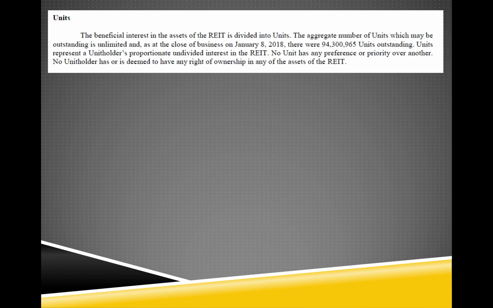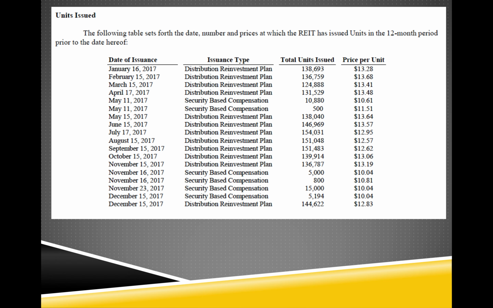And this REIT had 94 million units outstanding at the time that this prospectus was written. And this is just showing that the REIT has issued in the past a whole bunch of units, and it shows what the price per unit was at the time it was issued. So this REIT has been raising cash fairly consistently over time.